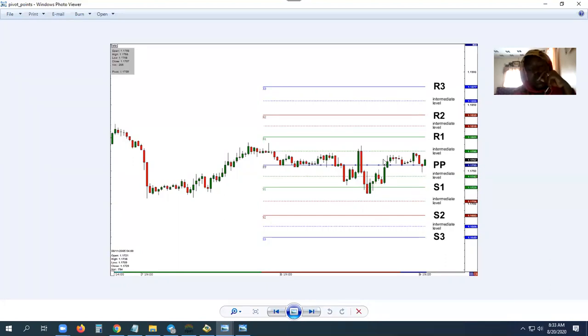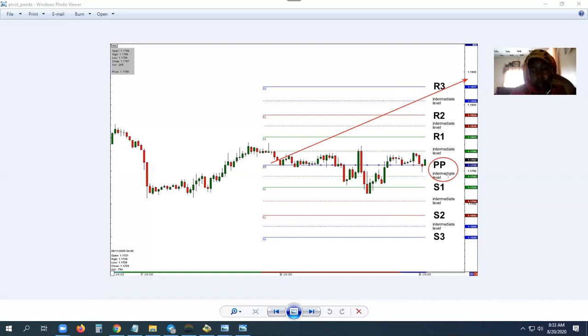So how would you trade these levels if you are someone who cares about trading the best way? Number one, when the market is moving above your pivot point, which is here, this is your pivot point, PP.